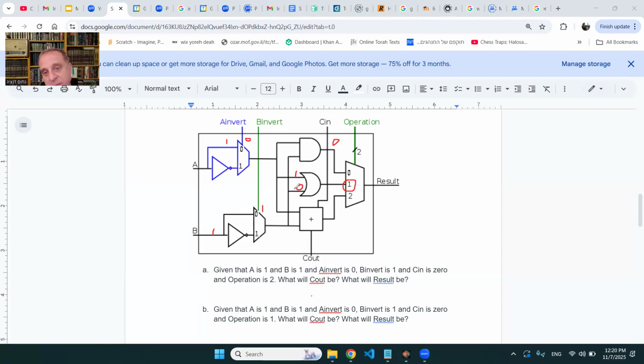Now this is an OR gate. An OR gate says, if one of the inputs is 1, then give me a 1. And since we've chosen OR gate, because that's our operation, we're going to get a 1 over here. Now, what's tricky about this question is the C out. There's nothing coming from the OR gate to the C out. But that's not a problem, because the C out is connected to the plus, and the same lines are still coming into this plus.